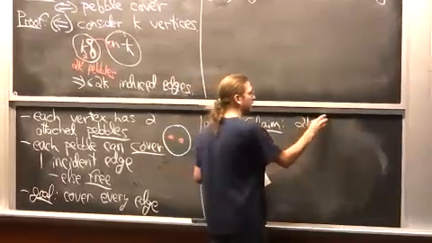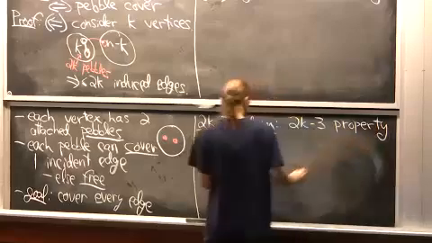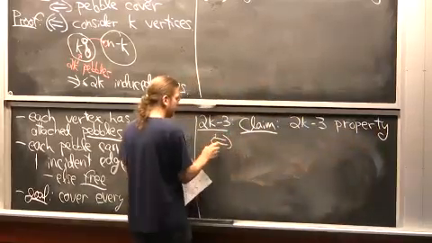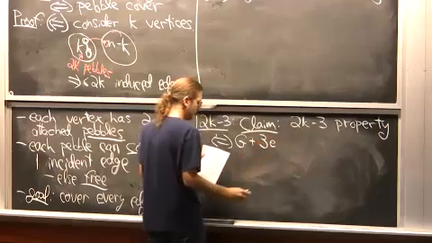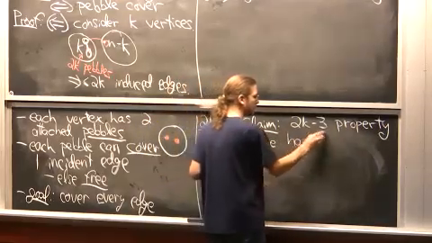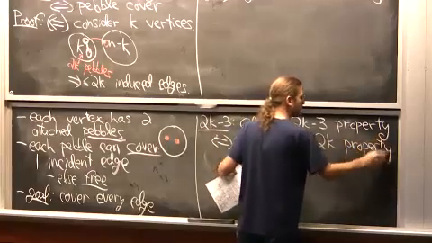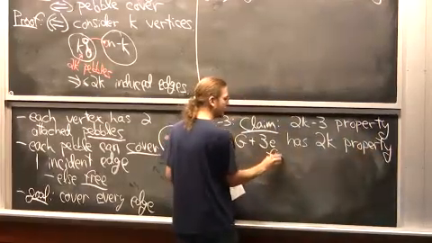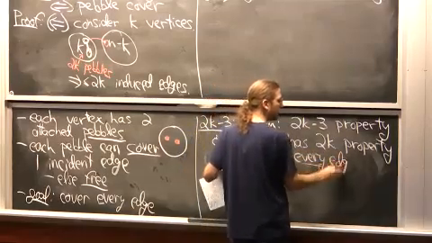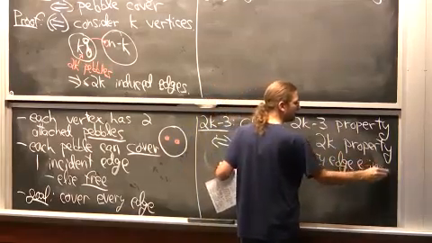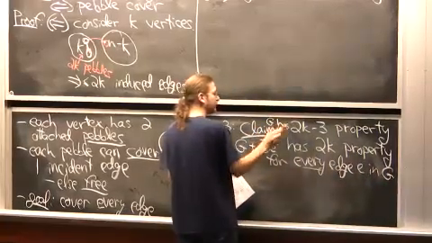Which is that a graph has the 2K minus 3 property if and only if G plus 3 copies of an edge E has the 2K property for every edge E in G. I should probably say G has.